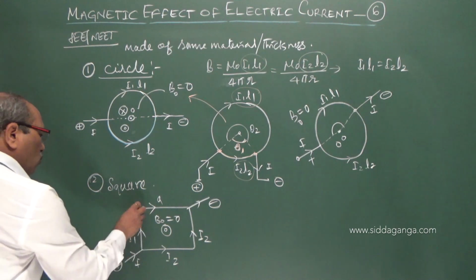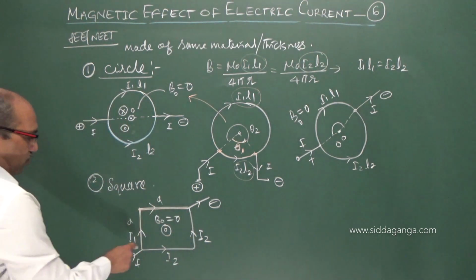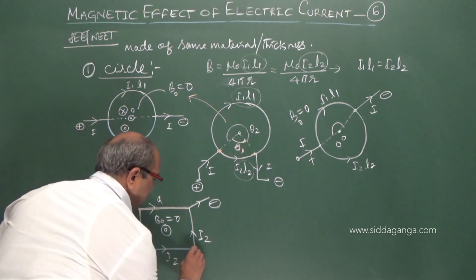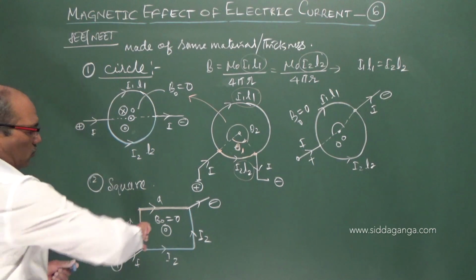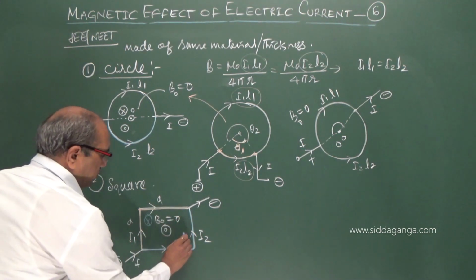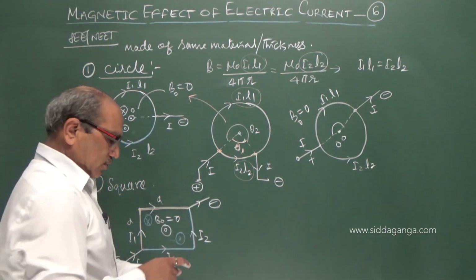How much field does this arm produce? That much field is produced by the opposite arm. Here you see it is clockwise, negative field, and this anti-clockwise produces positive field. They are equal in magnitude and mutually cancel.